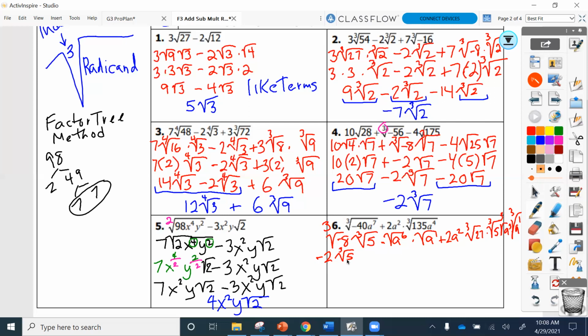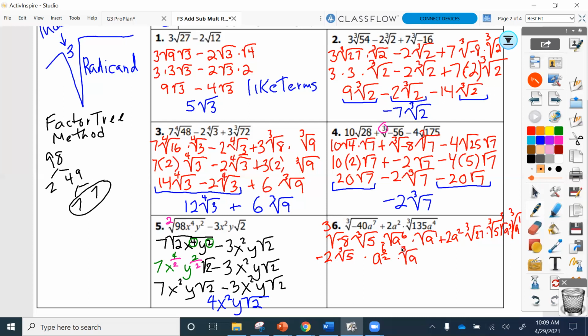So now we've got the square root of a to the 6th. So that's the same thing as saying a to the 6th over the index, which is 2. Times the square root of a to the 1st.